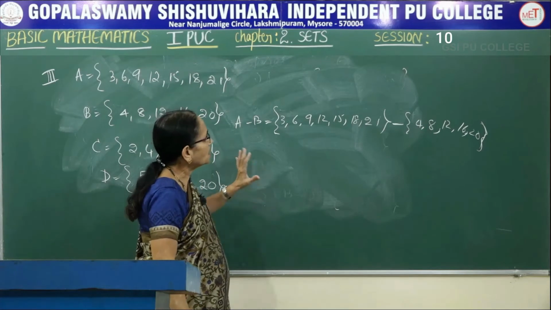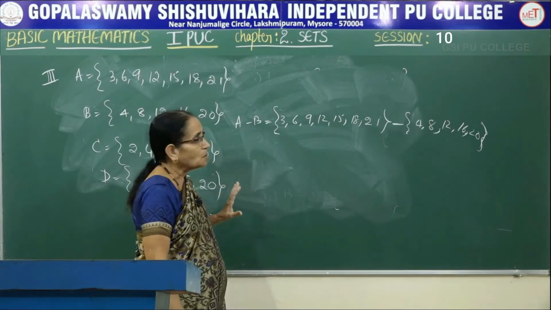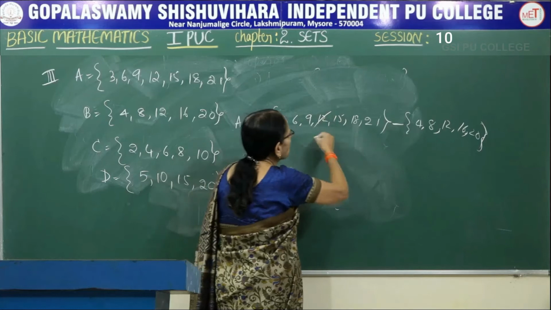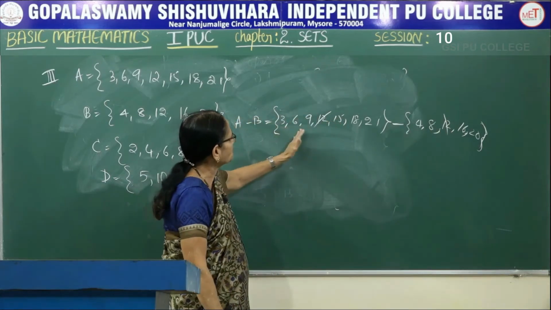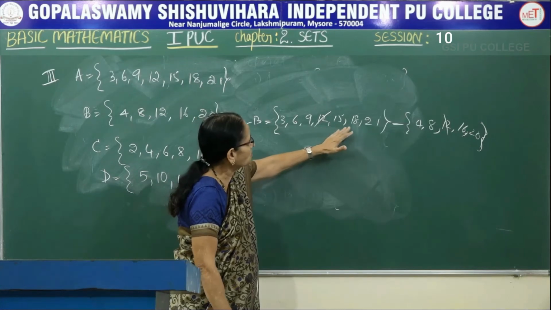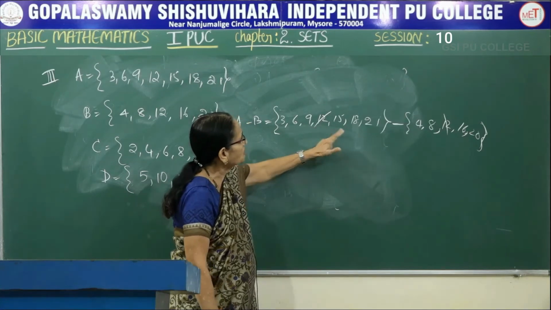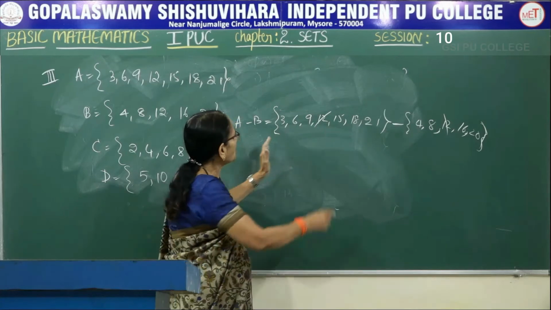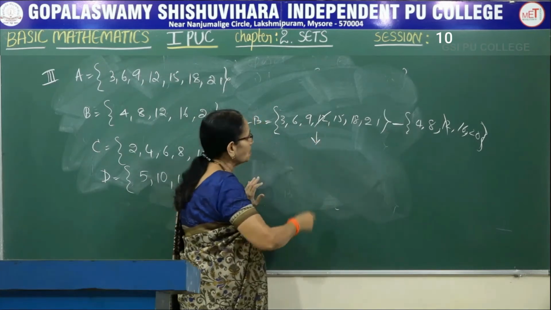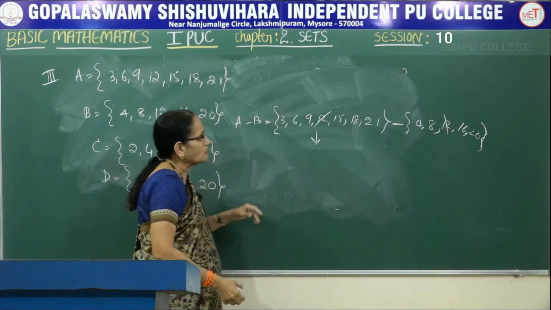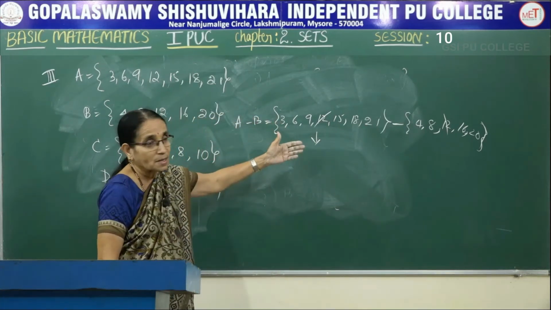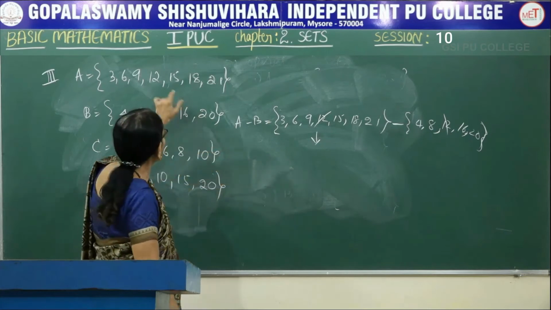Now cancel those elements which are common, that is 12 and 12. All the remaining elements are there: 3, 6, 9, 15, 18 and 21. After cancelling the common element 12, you write only the remaining elements, that is 3, 6, 9, 15, 18 and 21.